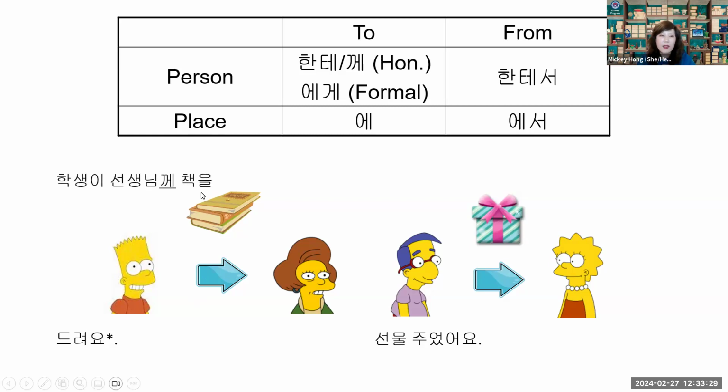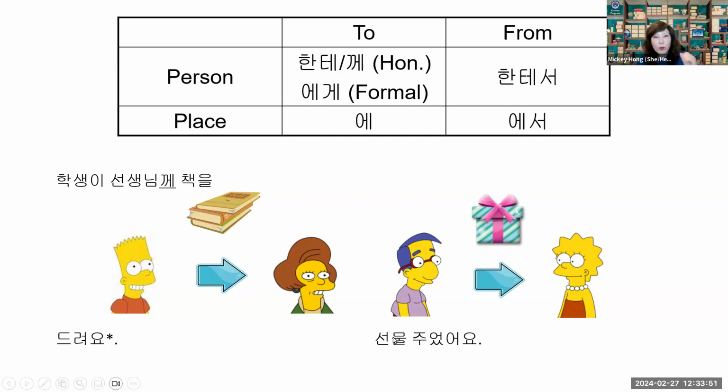학생이 선생님께 책을 드려요. So a student who's giving to a teacher, so 선생님께 honorific, and 드려요, not 줘요, because again, you need to humble yourself when you're giving something to an older person. So you express that with 드려요, not 줘요.